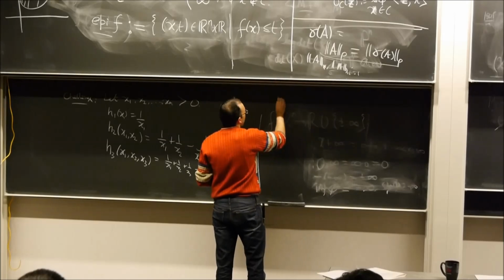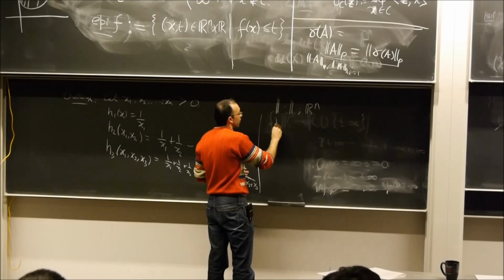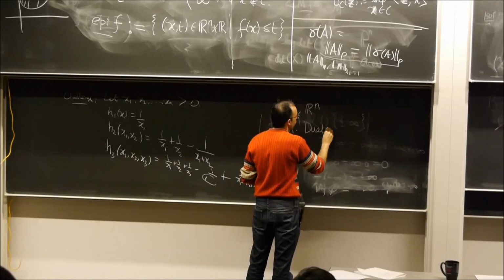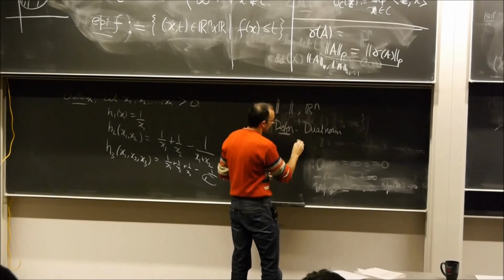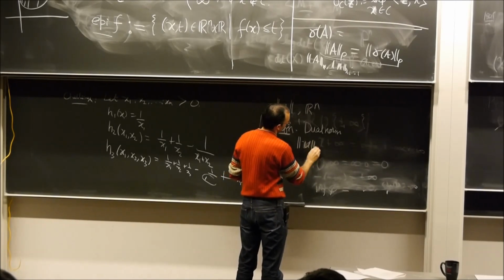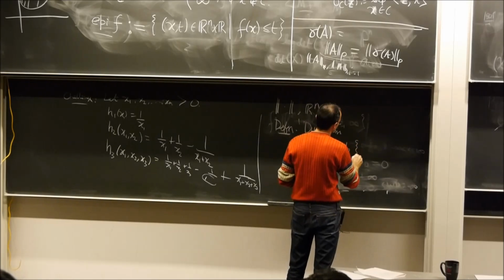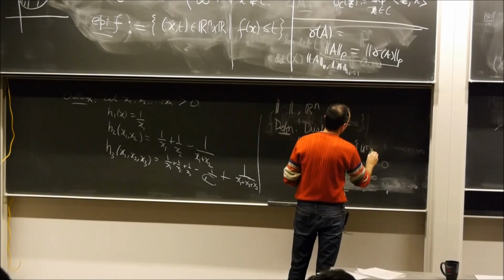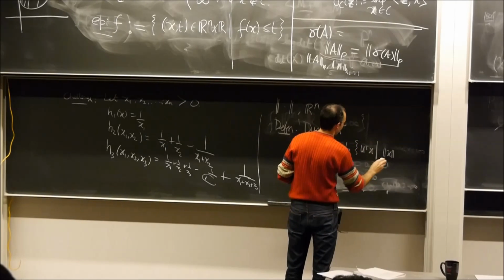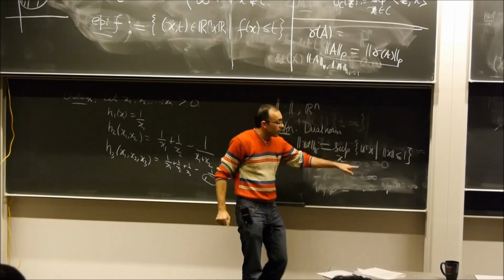If this is any norm on Rn, we define, this is a definition, the dual norm: u star is defined as the largest value of u transpose x such that the norm of x is at most 1.